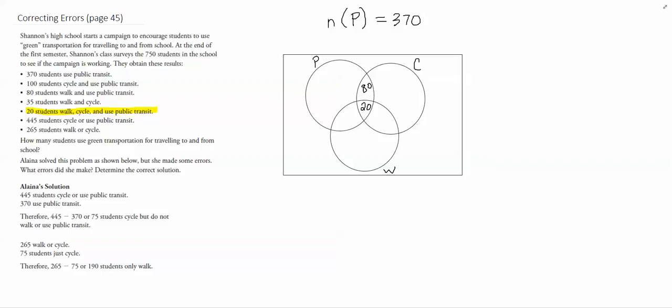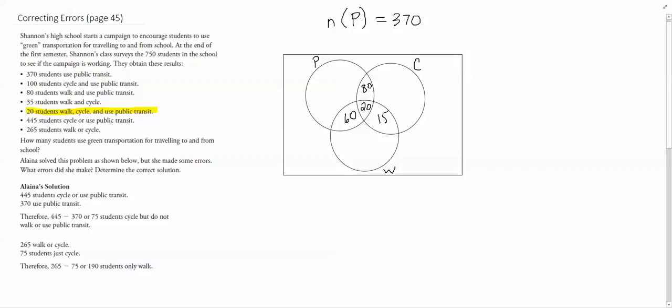Now we have 80 students walk and use public transit. So if 80 students walk and use public transit, 20 of them also cycle, and so we have 60 students that use public transit and walking only. 35 students walk and cycle, 20 of them also use public transit, and so 15 walk and cycle exclusively.